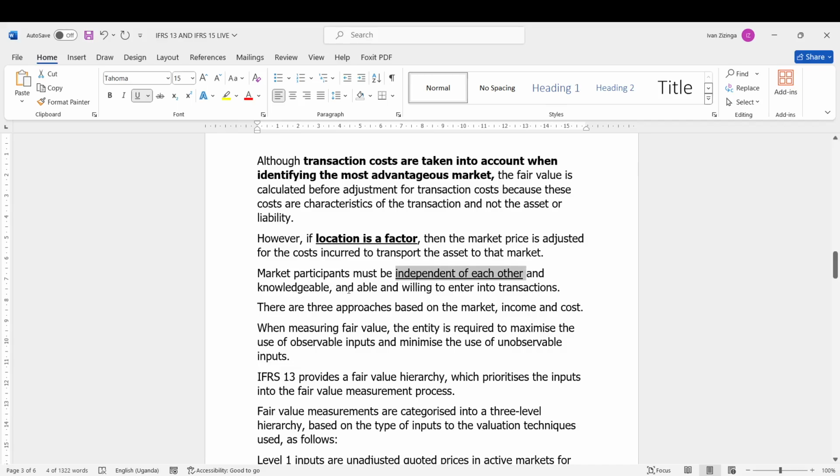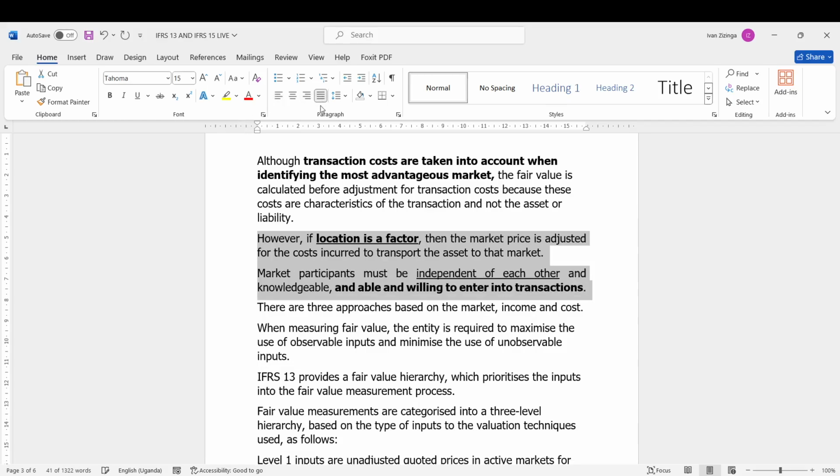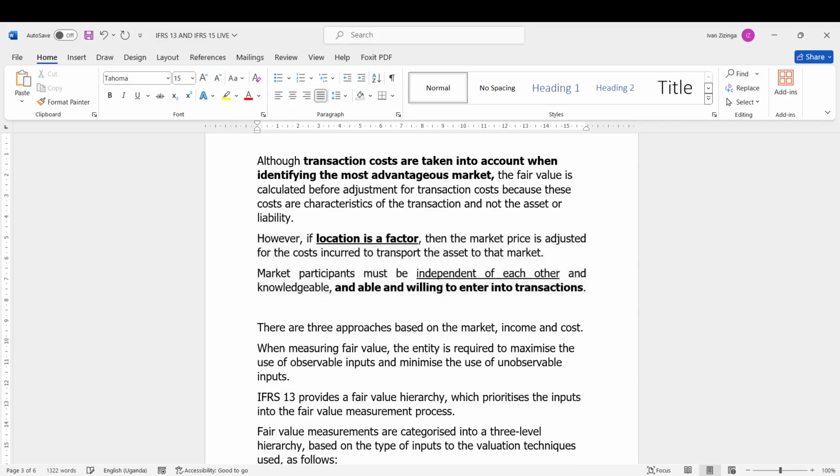That's why they should be knowledgeable, and they should be able to consent and enter into transactions. This shows that it should be an orderly transaction where the market participants are knowledgeable, not influenced, and not forced to make the transactions.